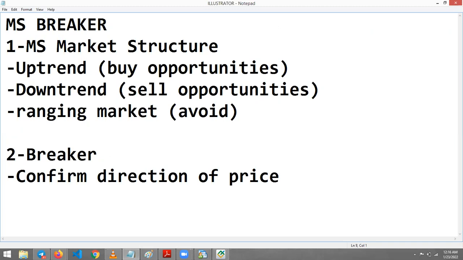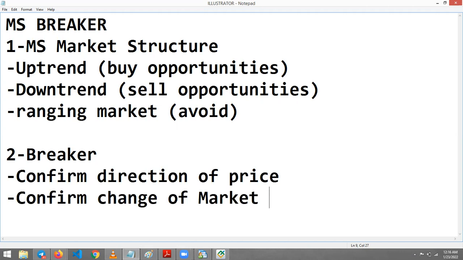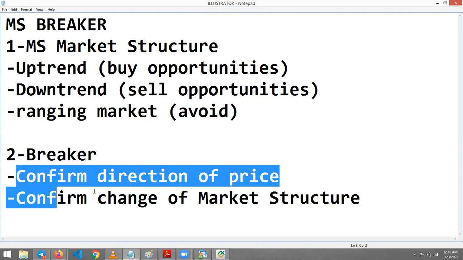And then two, it helps us to confirm a change of market structure, right? Those are the two things that the breaker helps us to confirm: direction of price, and the change of market structure. So just take note of this. I'm going to explain and illustrate for you.